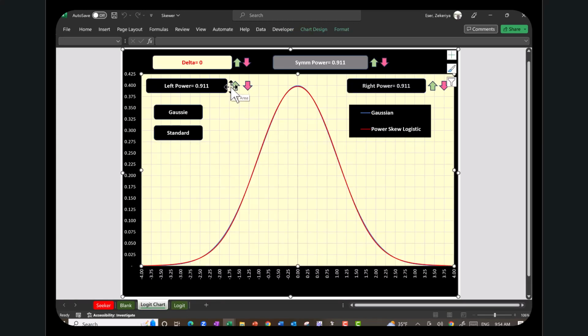So let's add values, but while keeping it symmetrical. You don't see a lot of stuff until you reach about 2. Come on.